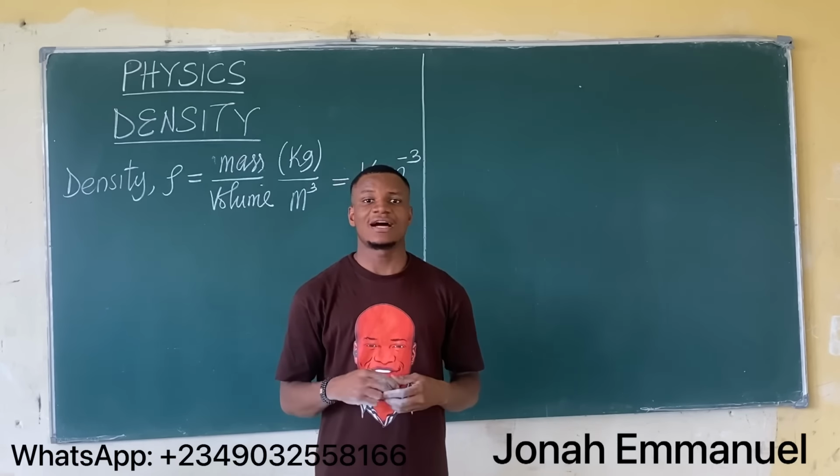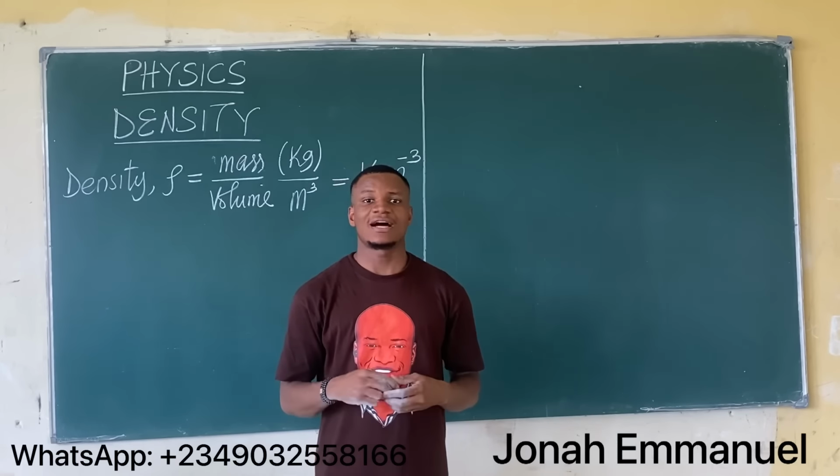Let's look at the next concept called relative density. Relative density is also called specific gravity. By definition, it is the ratio of the density of an object to the density of water.